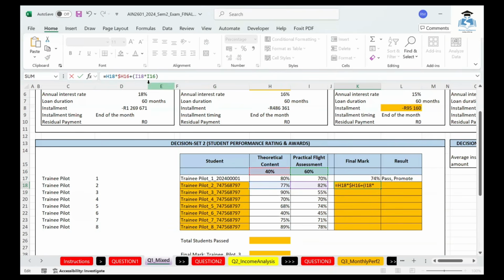Which one is supposed to be the absolute? The 60% and 40% on I16 and H16. So are we making the entire thing absolute, H and 16, or just the rows and the column? Just the rows.